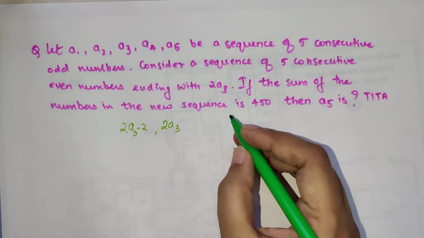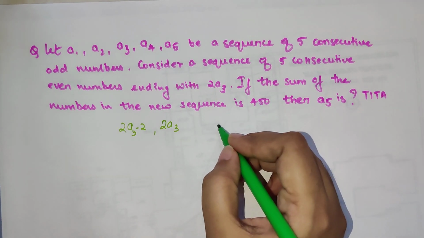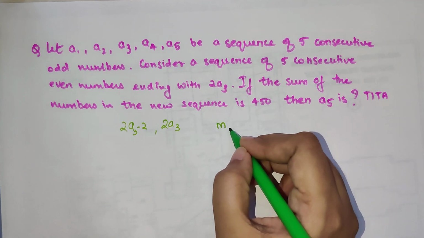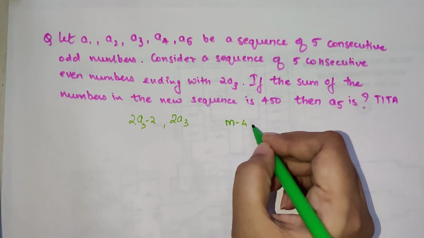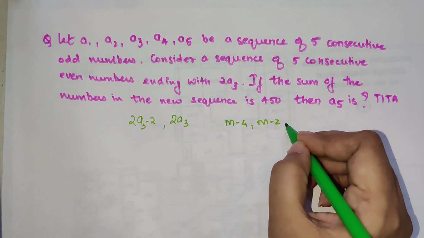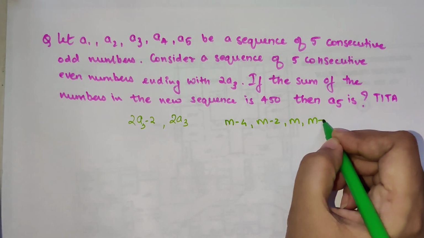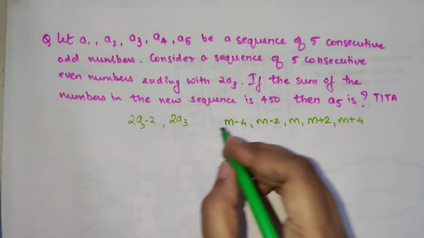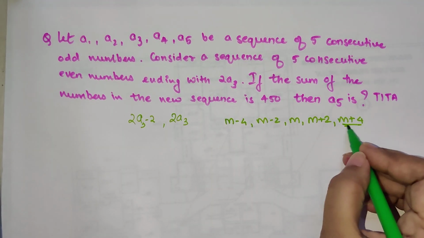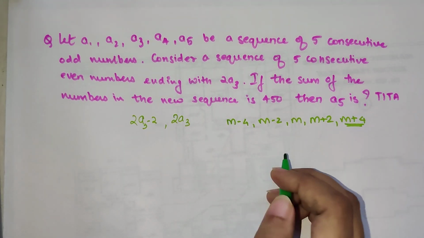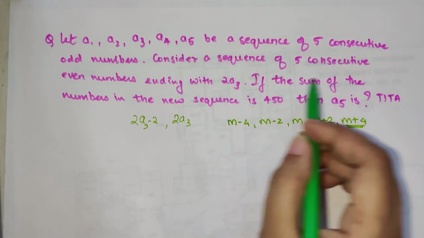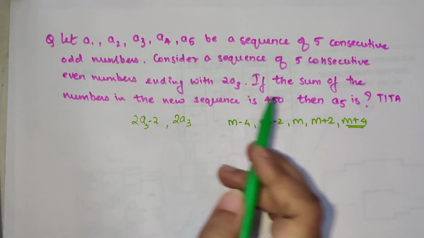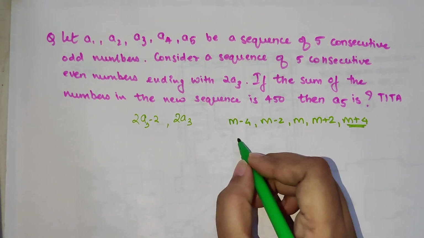We simply take a sequence. Let's say the sequence is m minus 4, m minus 2, m, m plus 2 and m plus 4, and we know that the last number is equal to 2A3. Okay, so what they have said is, if the sum of the numbers in the new sequence is 450, so let's add all of them.